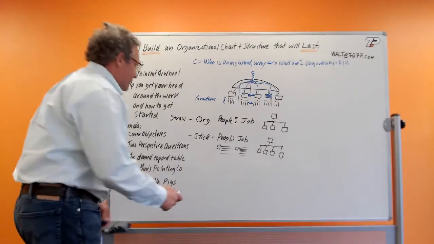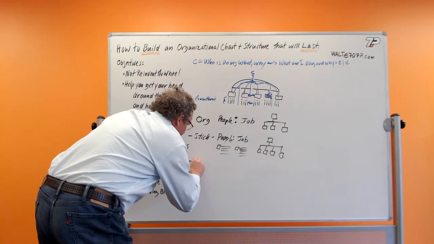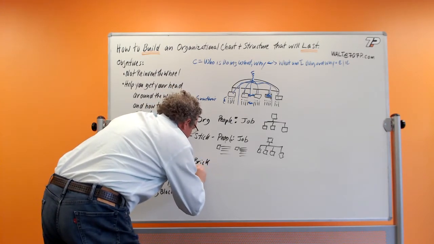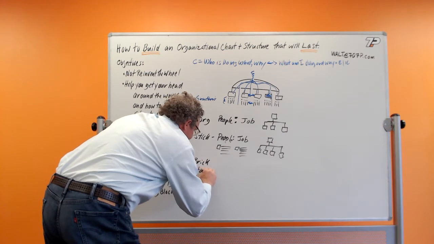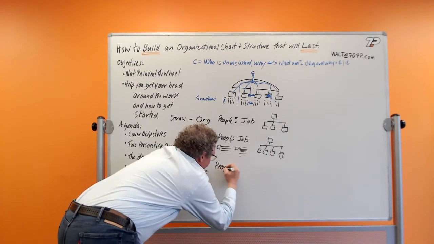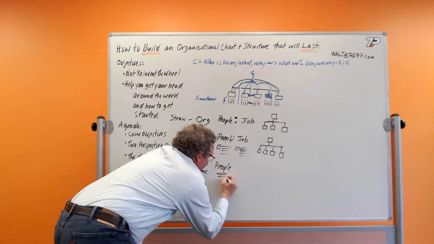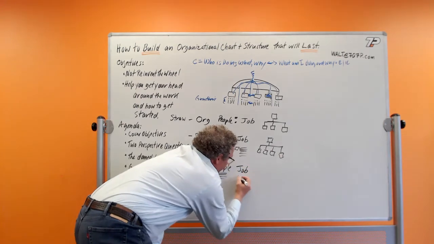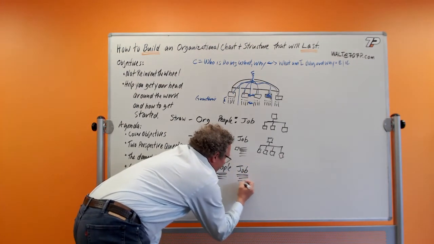In order to build a brick and mortar and stone house, so brick and stone, we still have people, and we want to know all about our people. And then we're still going to have jobs. We want to have a pretty good purpose statement for our job.